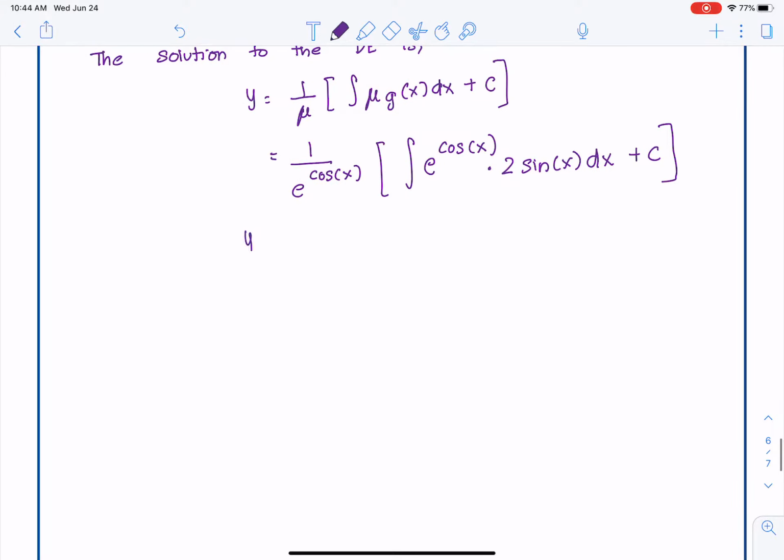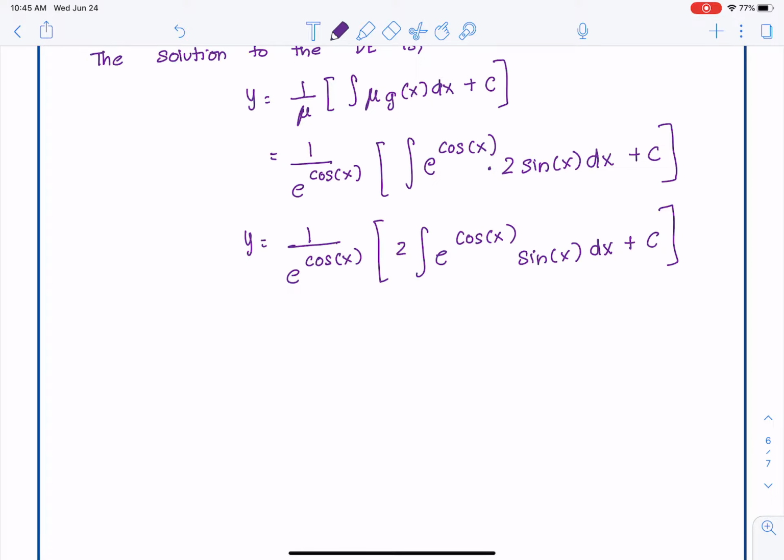We can bring the 2 out, so we have 1 over e raised cosine x times 2 integral e raised cosine x sine x dx plus c. You may look at that integral and say, oh, let me do it with integration by parts. Don't.